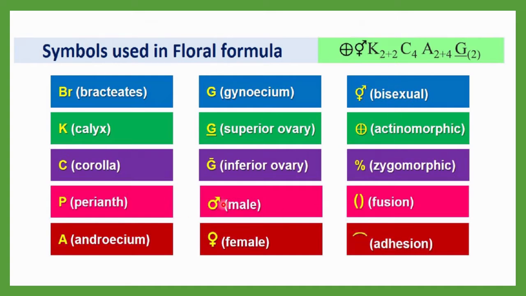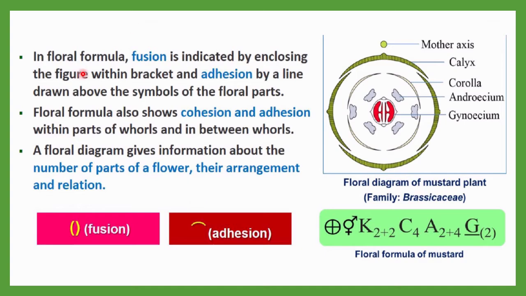So you must remember all these symbols. This will be very helpful to you during the floral formula. The floral formula is all based on these symbols, so you must remember and practice them. Now let me discuss more about the floral formula. In the floral formula, fusion is indicated by enclosing the figure within brackets.